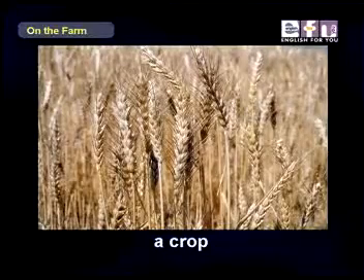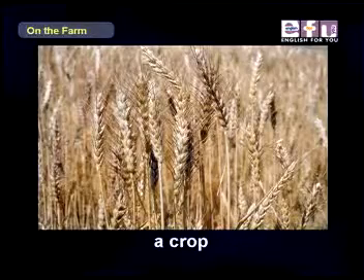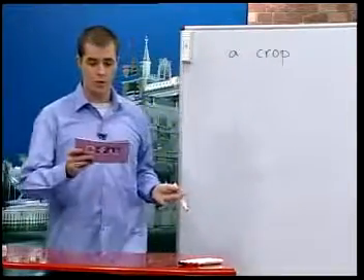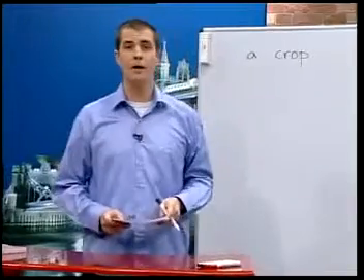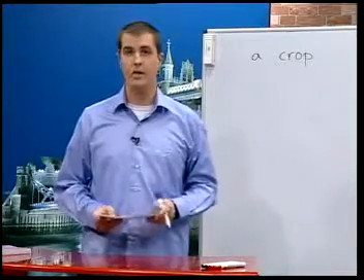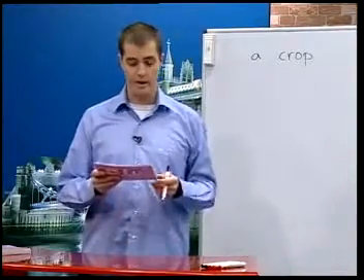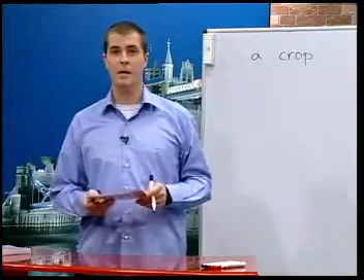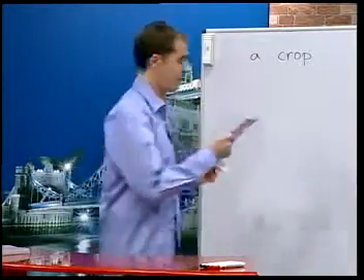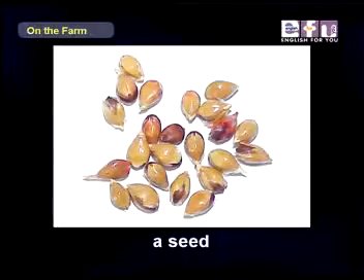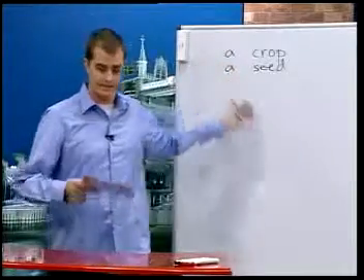So we have a crop. A crop is a plant that is grown by farmers, especially in order to be eaten. For example, wheat is a crop and rice is a crop. A seed.